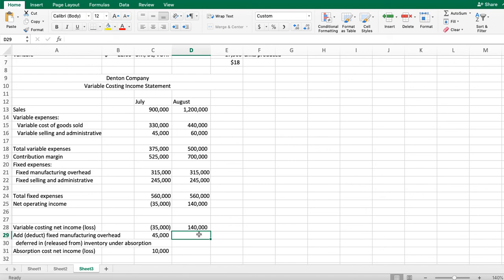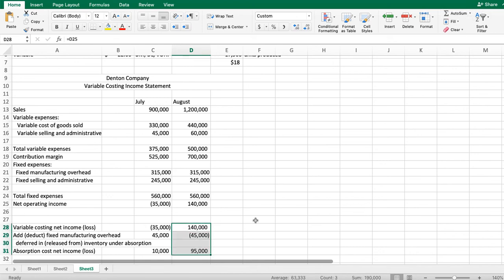And we're going to deduct those because they were released from inventory. It was 2,500 units released and still at the $18 per unit. And so when I add those together, I get my auto sum and I find out that my absorption net income should have been 95,000, which it is, and so I have reconciled the two.